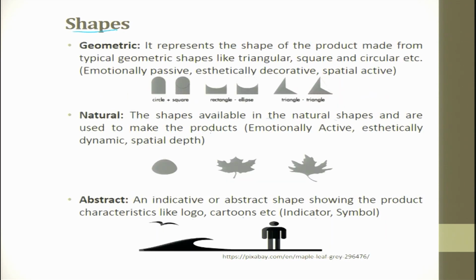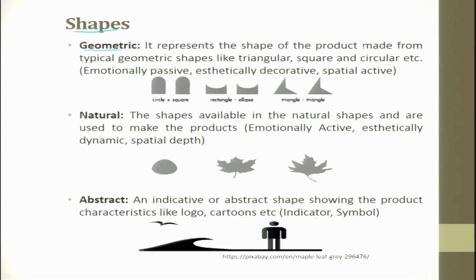When we talk about shapes, there are several shapes. One is called geometric shape. Geometric shapes are basically made for engineering requirements, so that we can easily manufacture. When we talk about design for manufacturing, manufacturing is kept as primary and then you work back to design the product. So, geometric means it represents the shape of a product made from typical geometrical shapes such as triangle, square and circle.